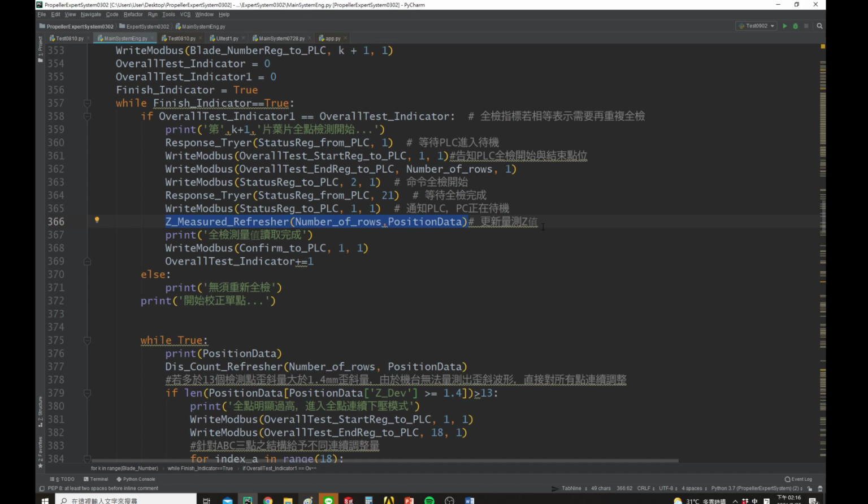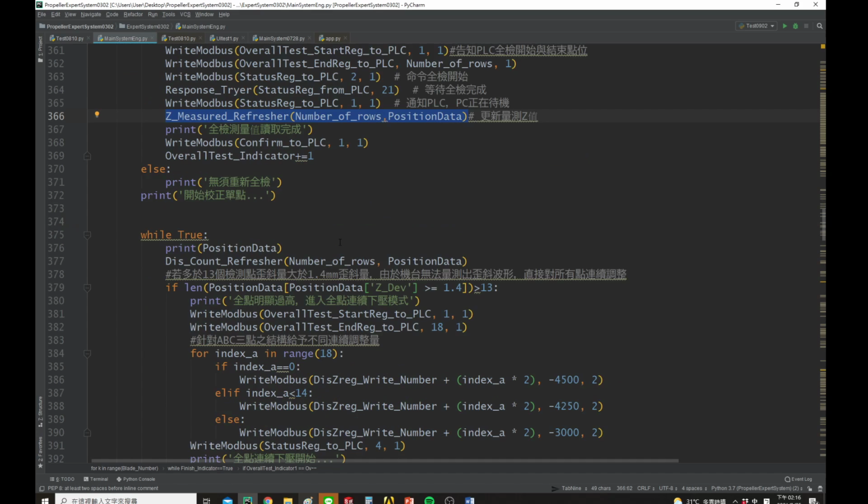So now the PC has the distribution, stored in a data frame variable called position data.